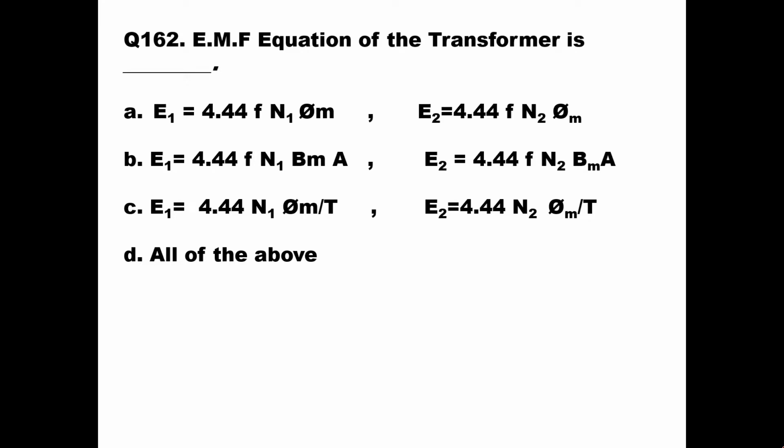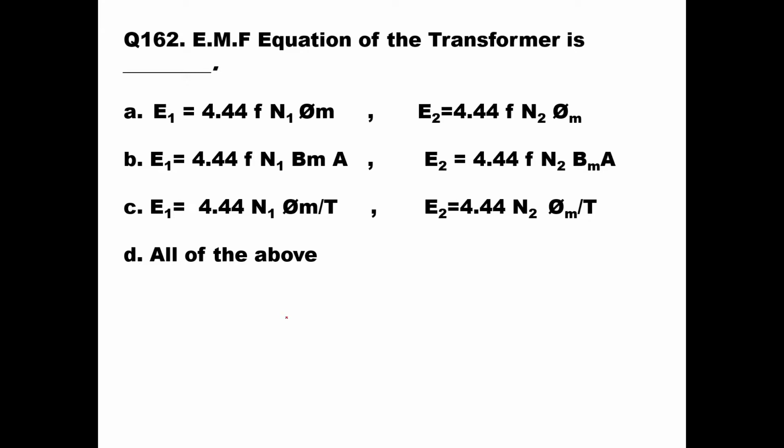N1 will be the turns of primary and N2 the turns of secondary. Now, if you observe the first equation, it says E1 is equal to 4.44 f into N1, that is the number of turns of primary, into phi m, and E2 is equal to 4.44 f N2, that is the number of turns of secondary, into phi m.